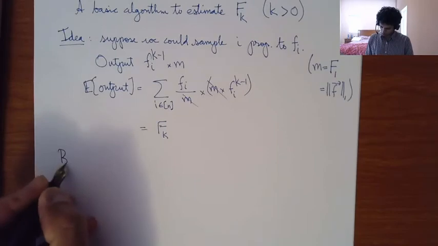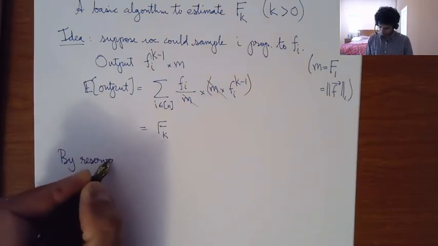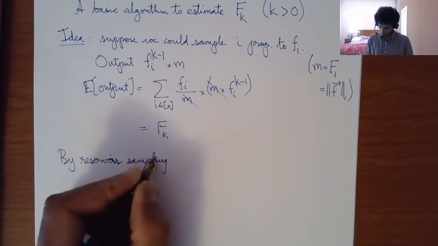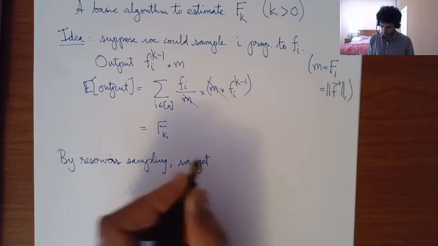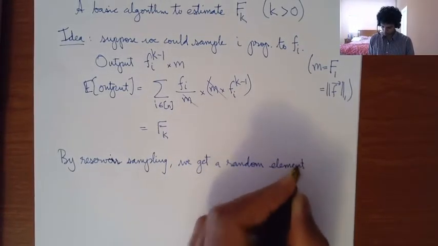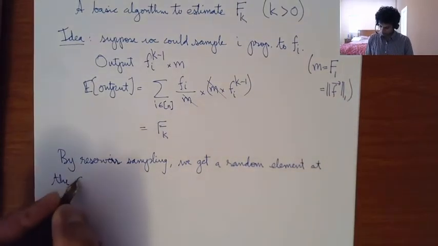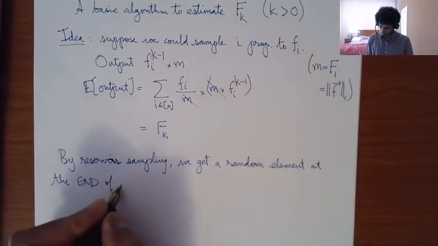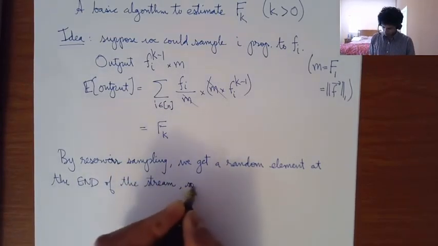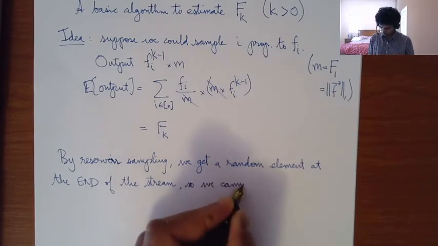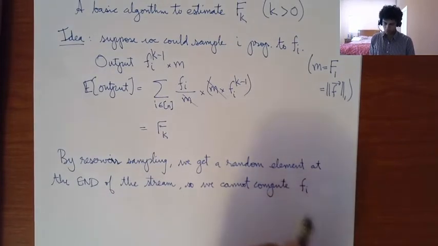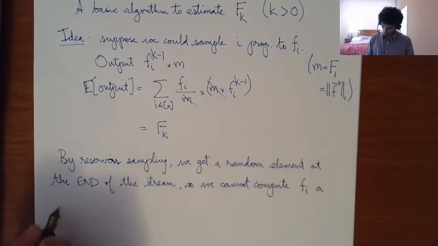The problem is, by reservoir sampling, we get a random element at the end of the stream. So we cannot compute f_i a priori.